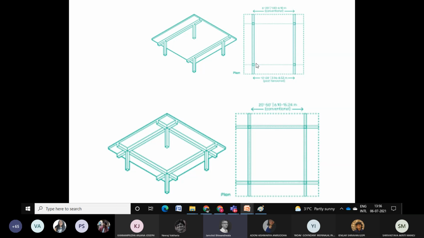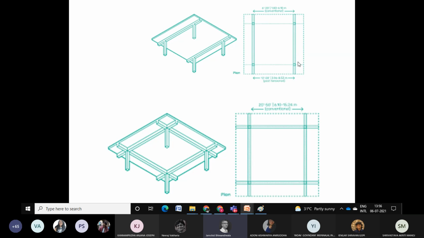The great advantage is that the main bars in the slab span in the shorter direction, which is considered to be less than 3 meters, and the beams are only along the longer direction, thereby taking the load from the slab and conveying it to the columns.